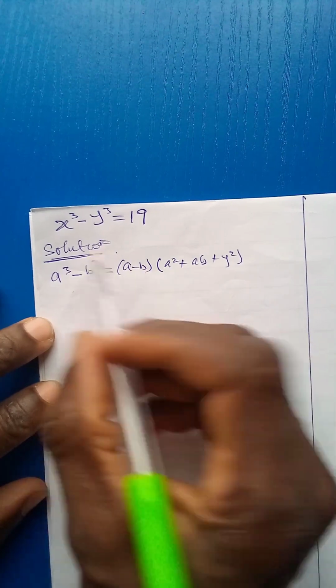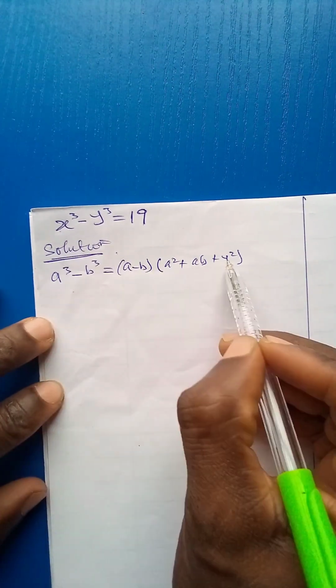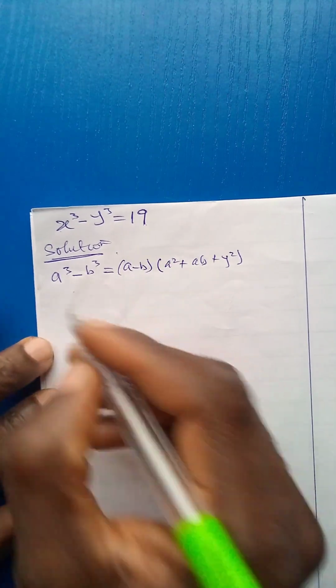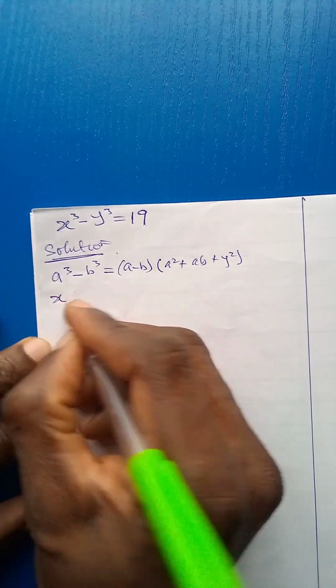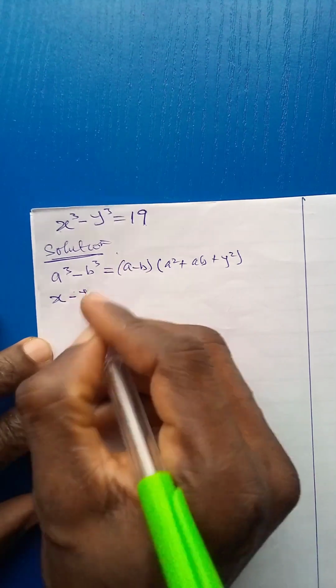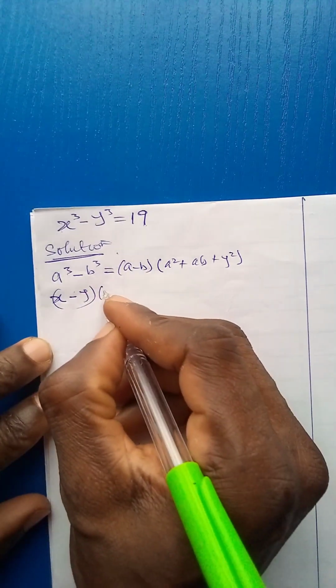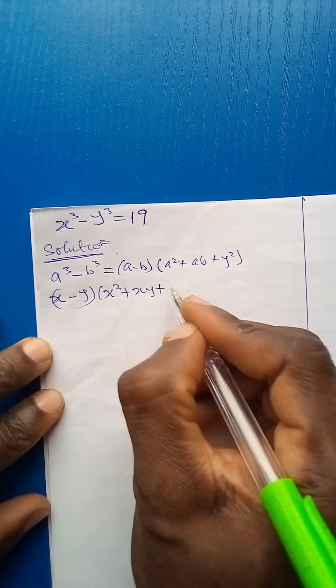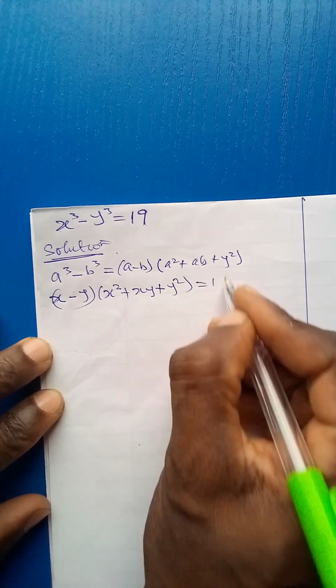Now I'm going to rewrite these terms in this form so that I can equate it to 19 and then we can proceed. So it becomes x minus y times x squared plus xy plus y squared is equal to 19.